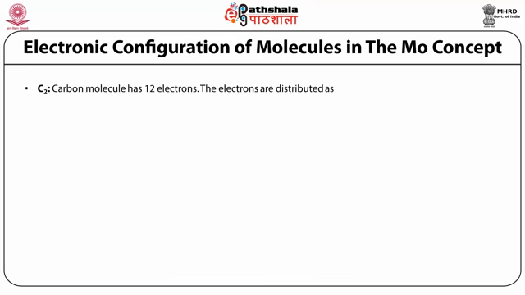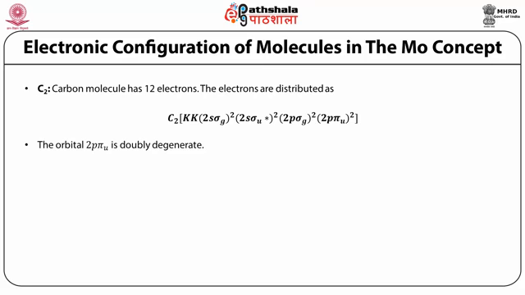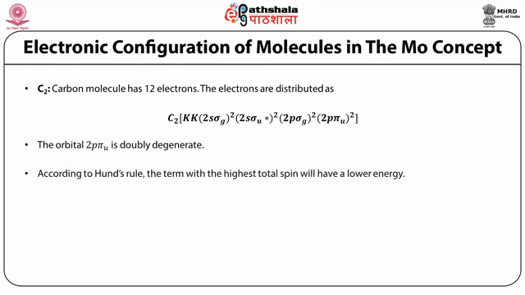The carbon molecule has 12 electrons. The electrons are distributed as C2: KK, 2s sigma g square, 2s sigma u star square, 2p sigma g square, 2p pi u square. The orbital 2p pi u is doubly degenerate. According to Hund's rule, the term with the highest total spin will have a lower energy.